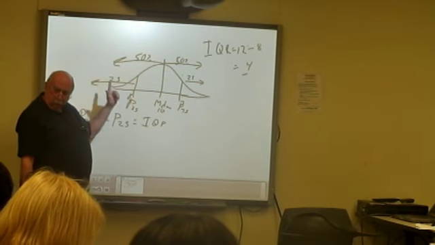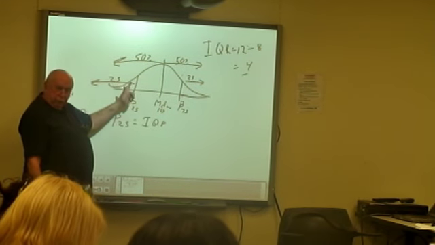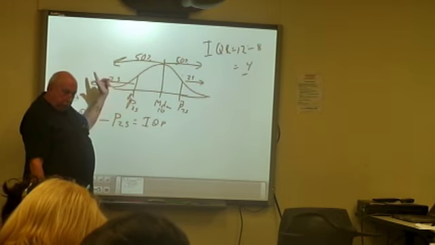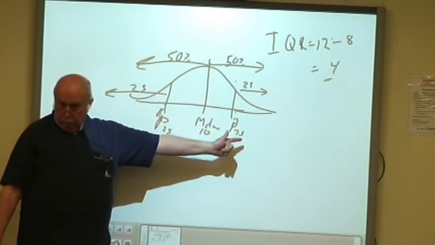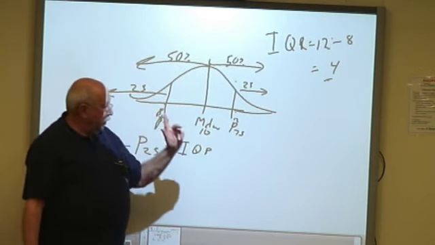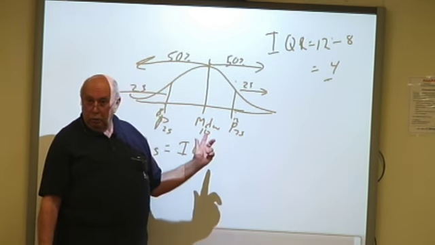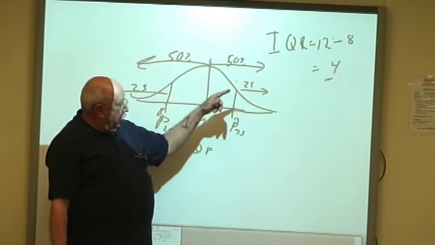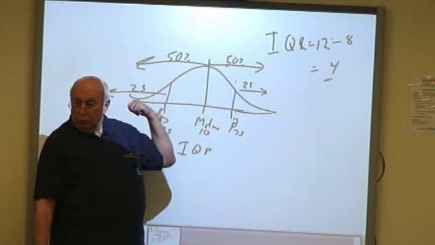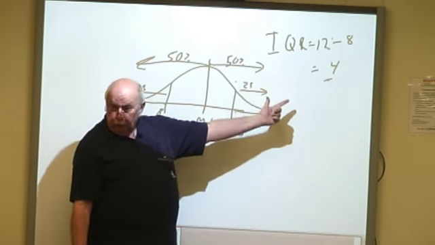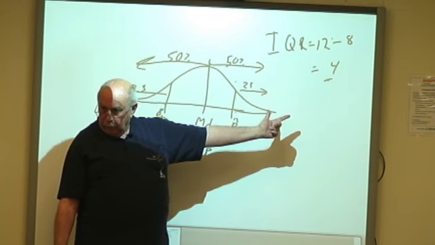P25 represents a score at which 25% of the people score below it and 75% score above it. P75 is a score at which 75% of the people score below it and 25% score above it.